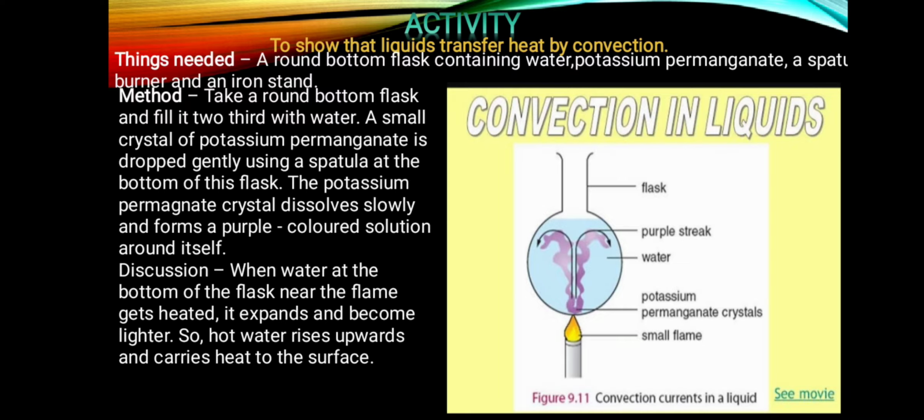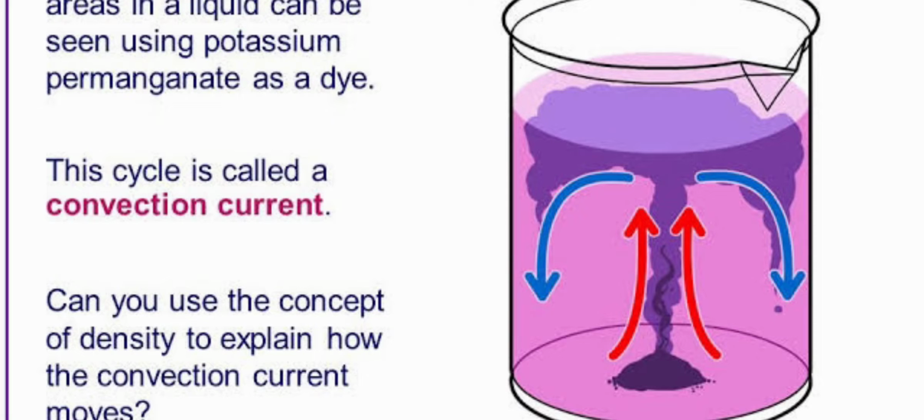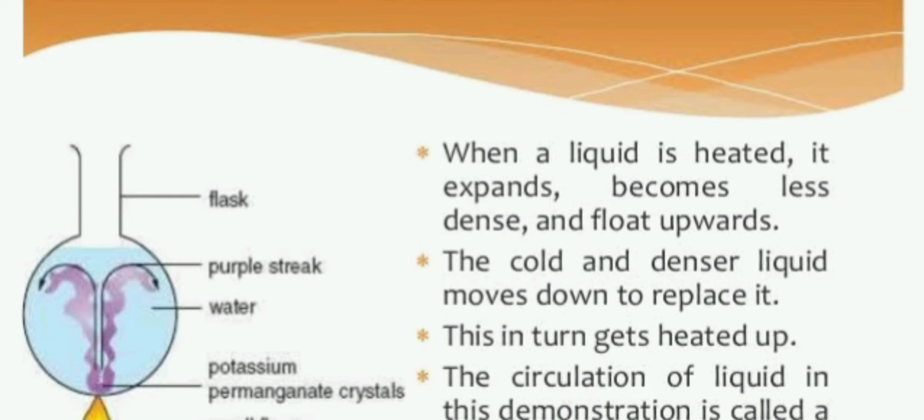In this case, heat is transferred from the hot water at the bottom of the flask near the source of heat to the cooler top by the actual movement of water itself. This cyclic movement of water is called convection current. Thus, heat is transferred in liquid by convection.